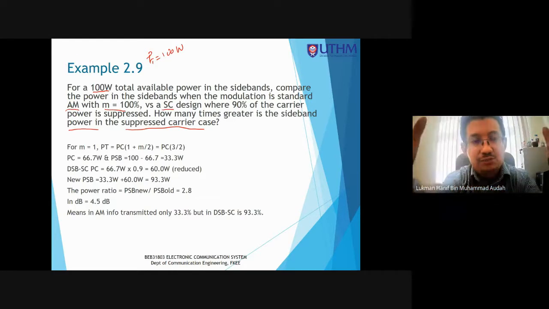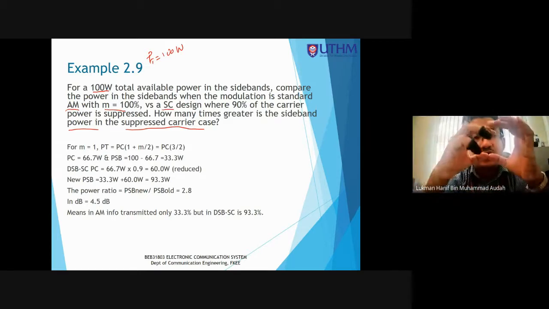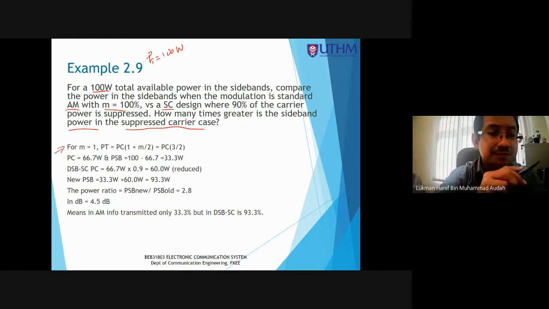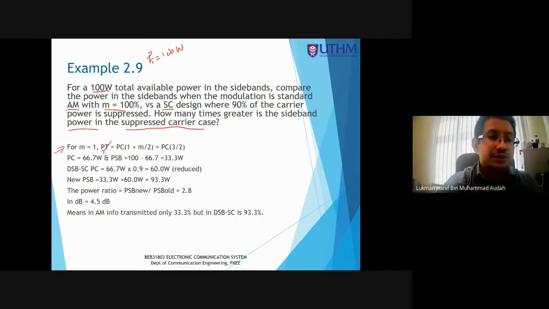Diberikan total power 100 watt, M sama dengan 1 ataupun 100%, which is during the ideal case. Okay, so kalau kita lihat one by one, baris pertama, ini tolong betulkan, ini sepatutnya subscript T kecil sepatutnya. Total power adalah bersamaan dengan subscript C, PC darabkan dengan 1 tambah M square per 2.